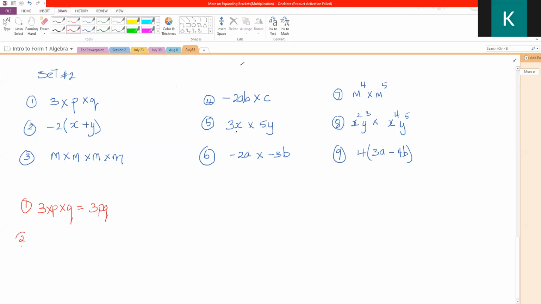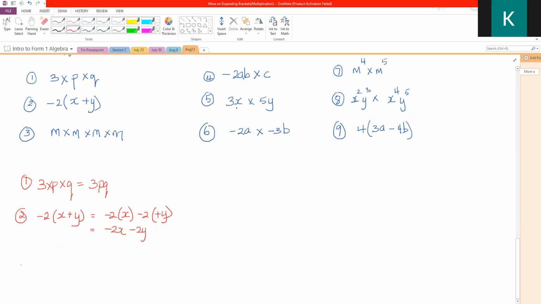Number 2, you have -2 into x plus y. Right, and I said take -2 and multiply it by everything that is inside of that bracket. Right, so this line is very important. It helps you to avoid mistakes with the signs. Our answer is going to be -2x, -2y.